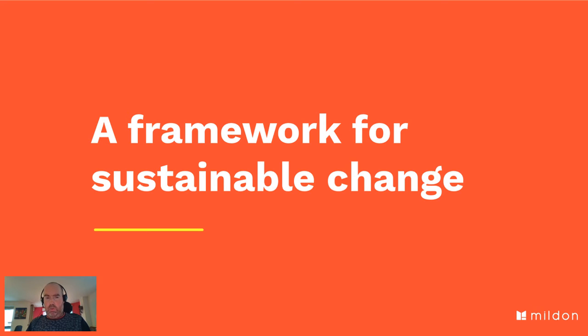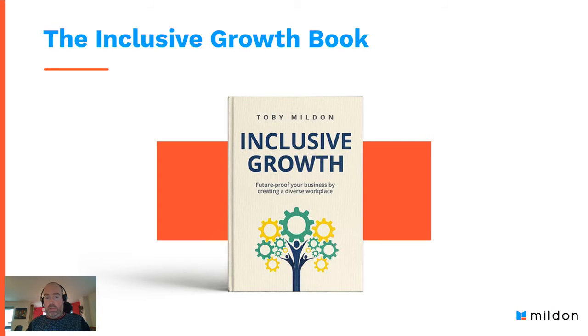It's very tactical. It's about a program here or an event there or sponsoring something there, and it's not really getting into the DNA of the business or the fabric of the organization to create that inclusive culture or inclusive ways of working. So it got me thinking about what good sustainable change looks like when it comes to diversity and inclusion, which is why I wrote the book.